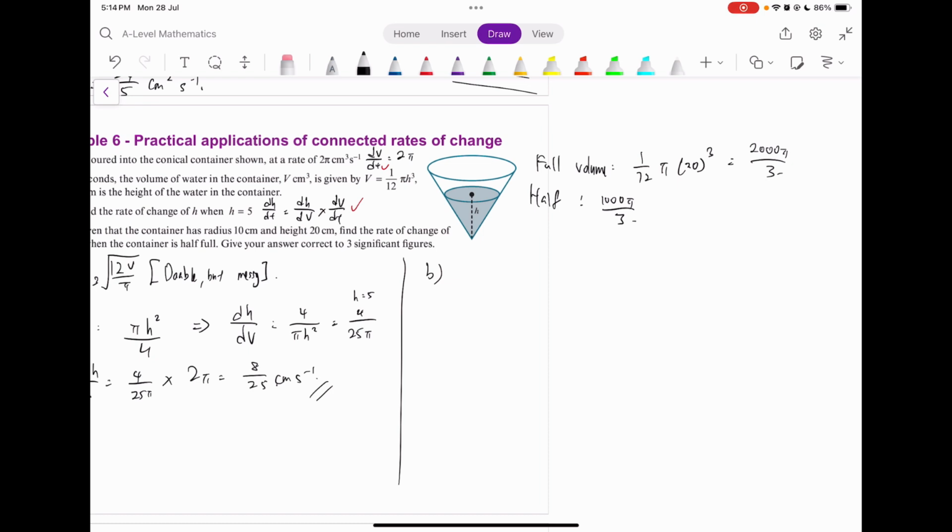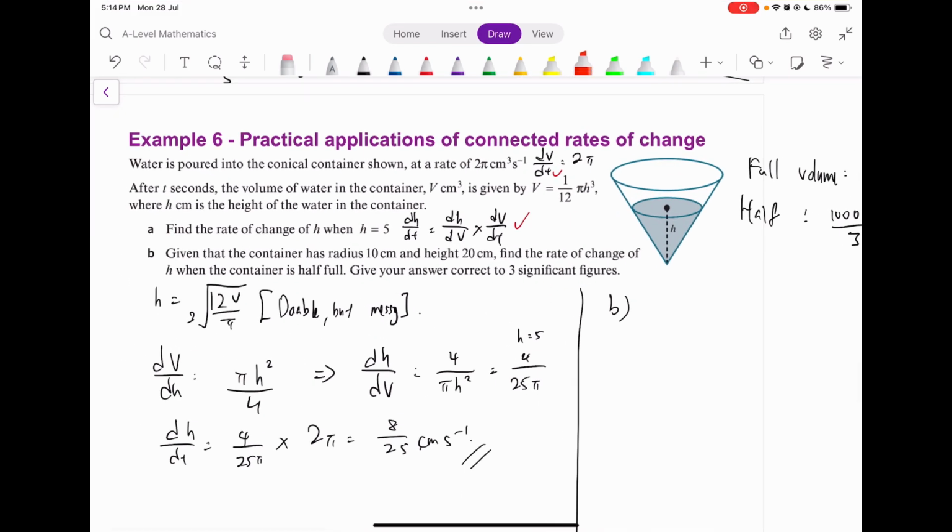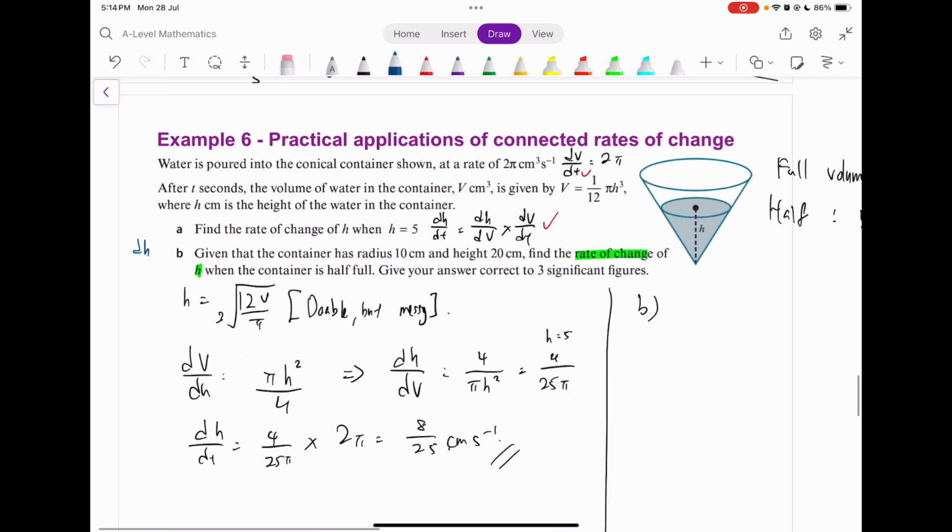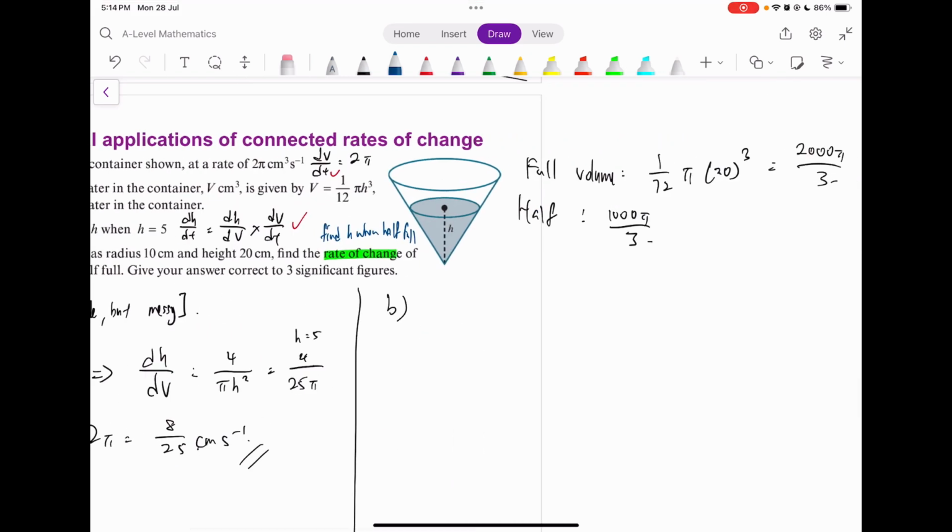Now, what do we do? We use this information to work out the height when it is half full, because what they want is the rate of change of h, which is dh over dt, when it is half full. So we have to find the height when half full. We put it back into the equation V equals 1 over 12 pi h cube.